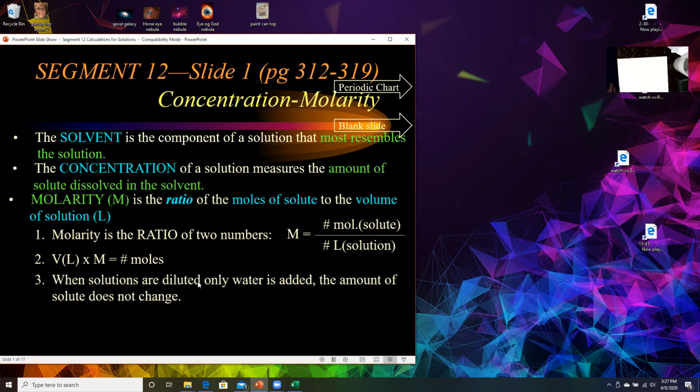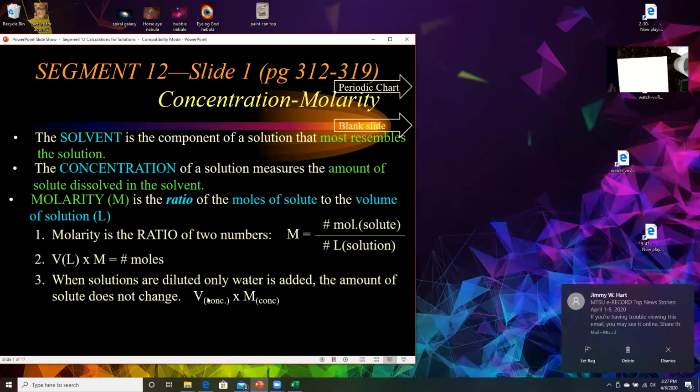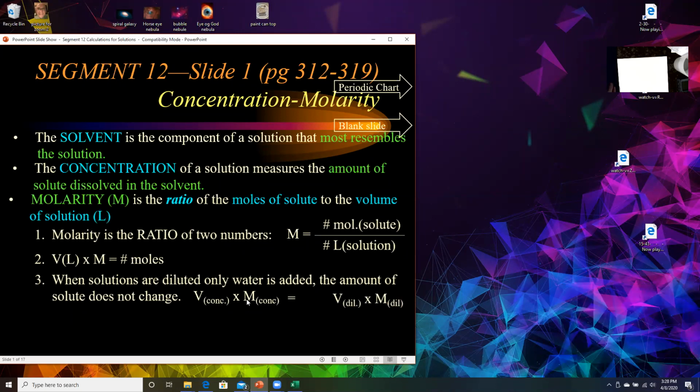When you dilute a solution, you just add water to it, so the amount of solute doesn't change. The number of moles of solute is still going to be the same after you put water in it. So we can take that relationship. I have a concentrated solution. If I take some volume of it and multiply it by its molarity, I can dilute it to a new volume and it'll have a new molarity, but the product of the two will still be the same.